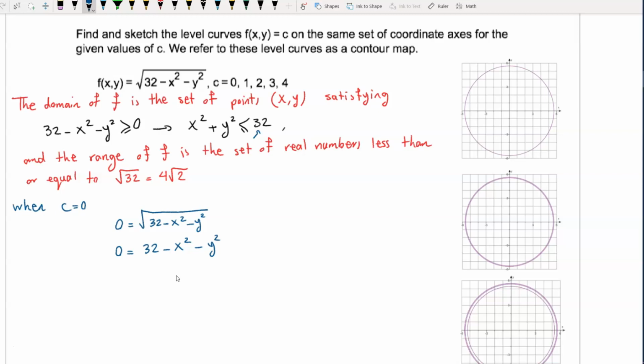So based on this, we have x squared plus y squared equal to 32. So here we have a circle with radius 4 times the square root of 2. So here we have this circle, center is 0, 0, and radius is 4 times square root of 2.